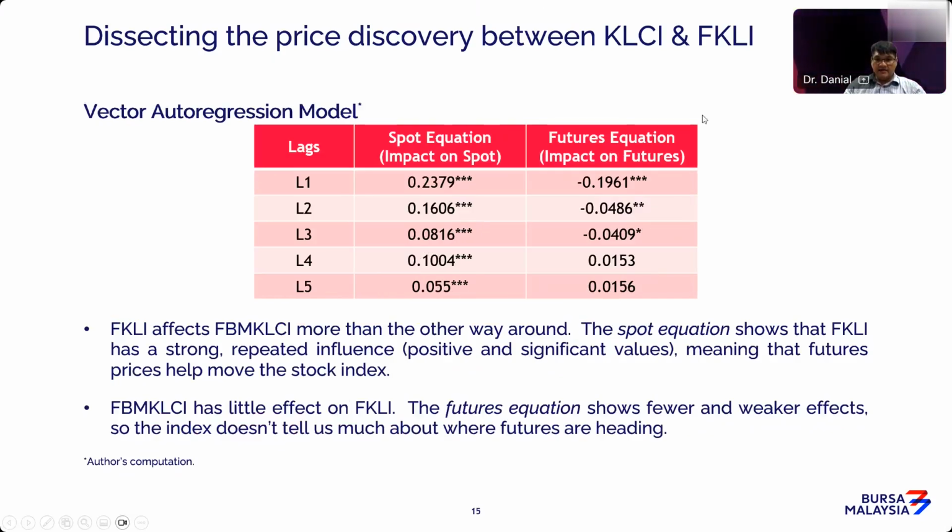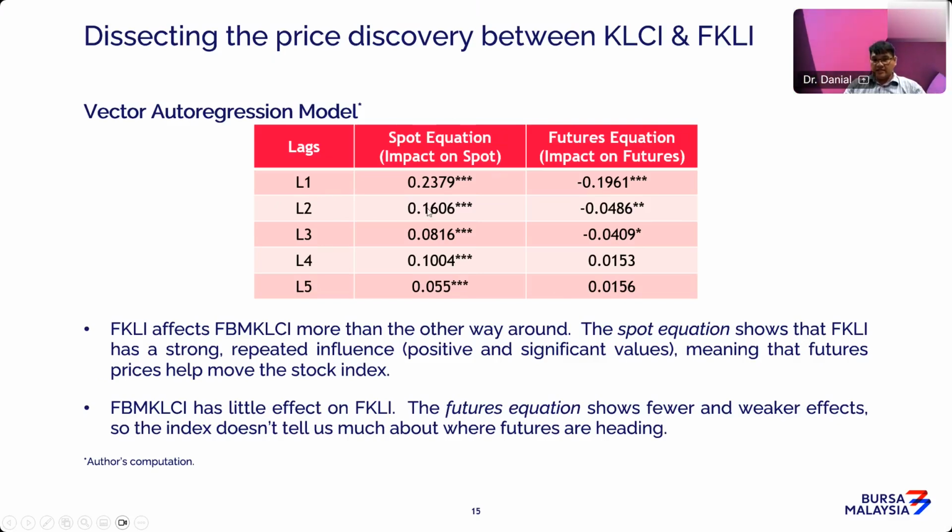Okay, how about the vector autoregression model? We are trying to model the influence of the historical returns of KLCI and KLCI futures, given first lag, second lag, third lag, fourth lag, and fifth lag. Overall, we can say that FKLI affects FBM KLCI more than the other way around.